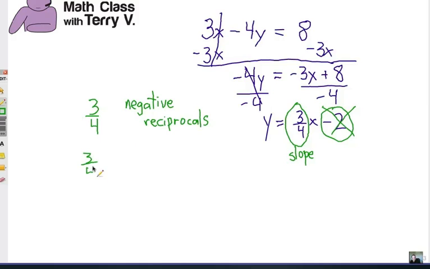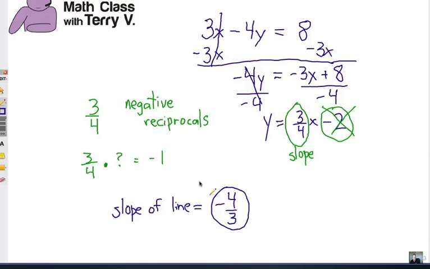To be a little more technical, 3/4 times what gives you -1? It turns out that the shortcut is -4/3. We're going to flip the fraction over and change signs. A positive slope here means a perpendicular slope would be negative, and we flip the 3 and the 4 around. That's pretty important information. -4/3 is the slope we want.